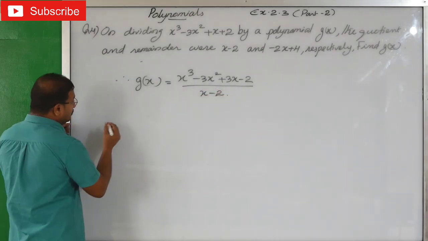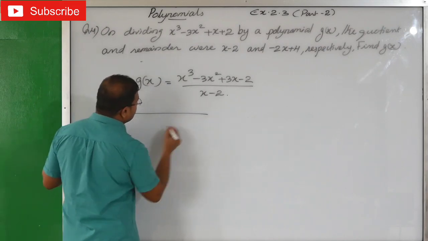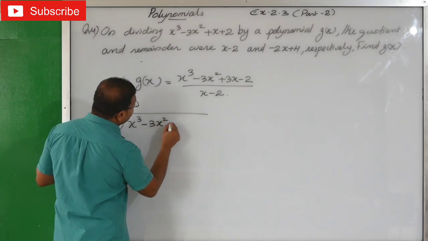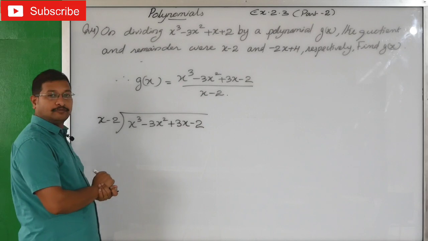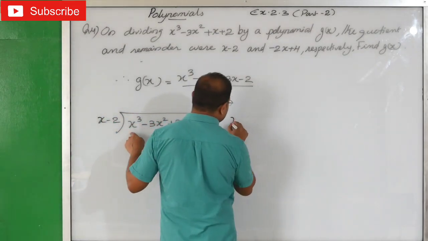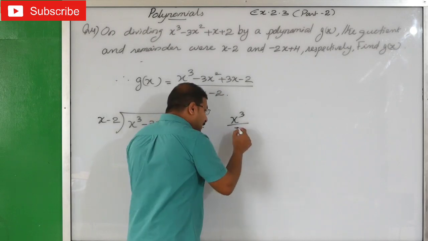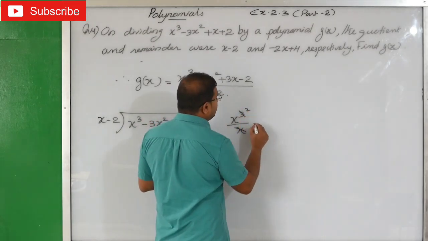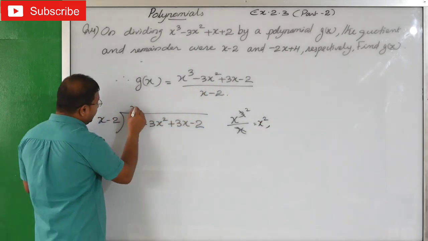We'll divide this one, that is x minus 2, into x cube minus 3x square plus 3x minus 2. Ready? Now the first term is x cube divided by x. One time x, out of 3 times 1 will cancel, the balance is 2. That means x square. Ready? So here we will write x square.